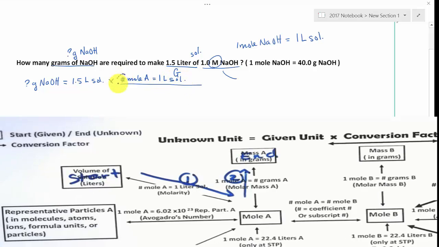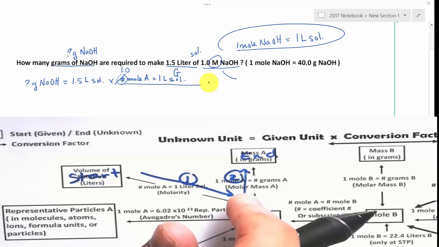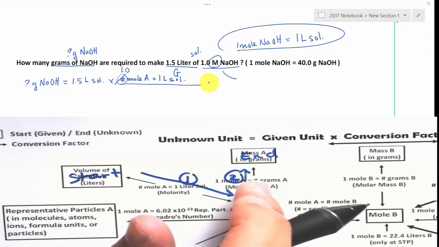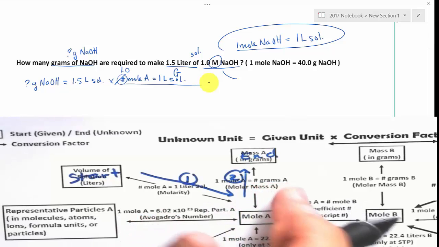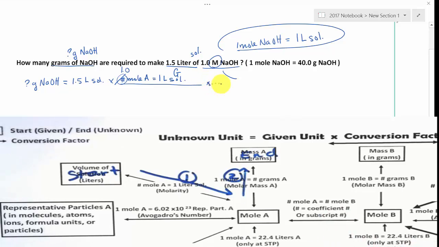Well, in this case, that number right there is actually your molarity. So it's not just a number, but it's actually 1.0 mole. See how that's being used as a conversion factor? Then we multiply by the second conversion factor, which is 1 mole of A equal to the number of grams of A. So we have that.